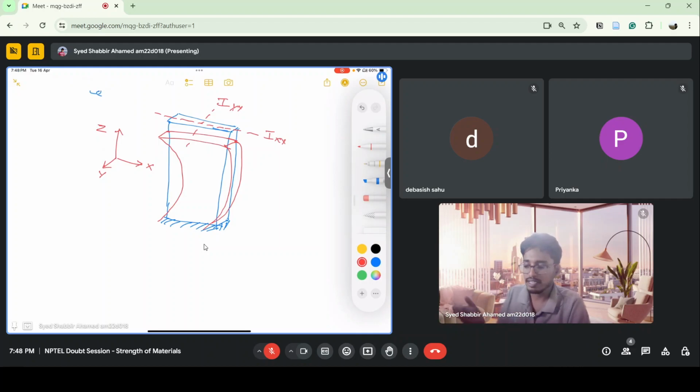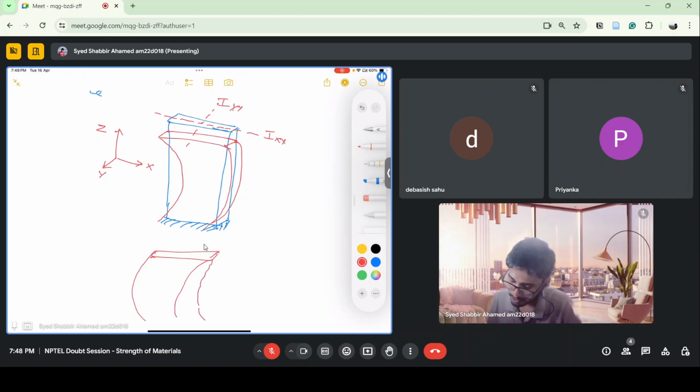It cannot buckle the other way, obviously it doesn't make sense. You can just imagine also. It will be stiffer in this direction. Sorry for the horrible diagram.